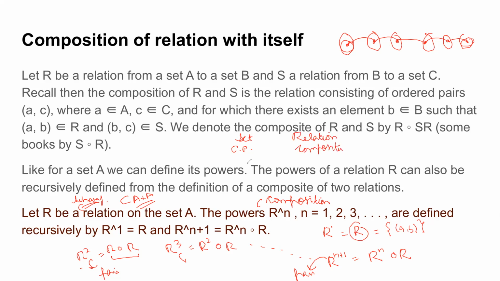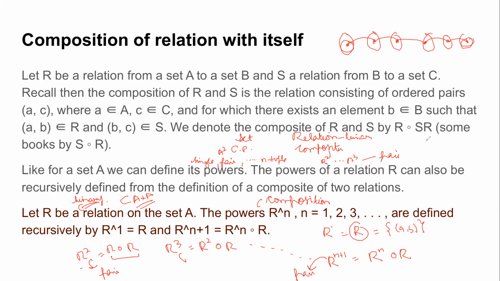The second major difference is that the elements of the powers of a set keep on increasing in members. If you consider set, you will have a single element. If you consider A square or product of two sets, it will be a pair, and so on and so forth. It will increase the n tuple. Whereas in a relation, if the relation is binary, all the powers of the relation will have only ordered pairs.